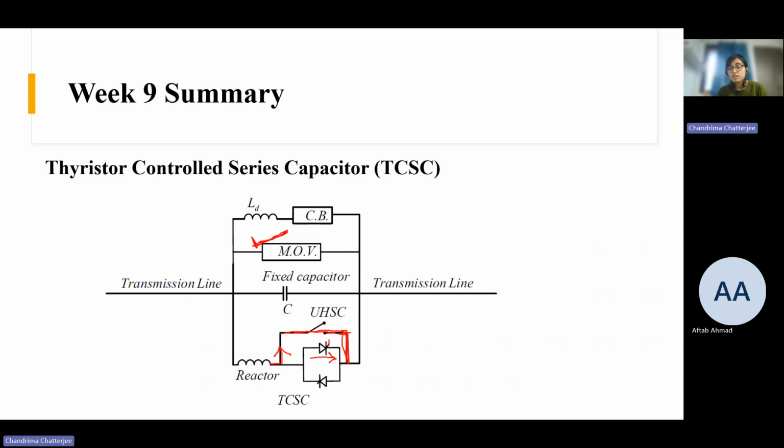It is a protective component. Another protective component is this CB, circuit breaker. When you want to completely disconnect, you use this circuit breaker, and it will break the circuit. And in series with this, there is this LD to prevent very high di/dt. So these are the additional components.